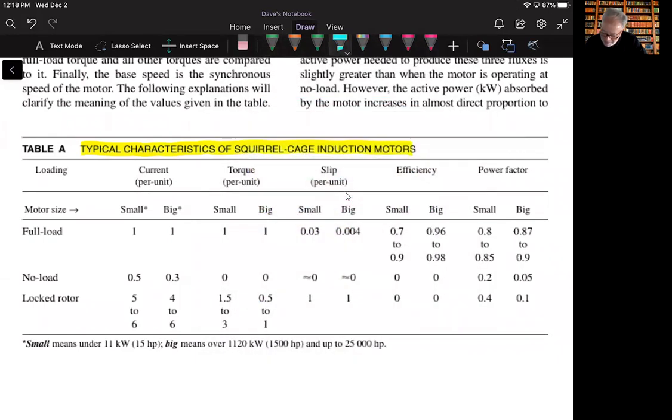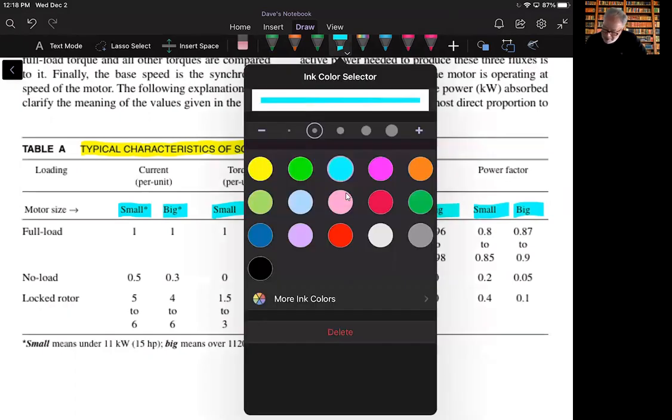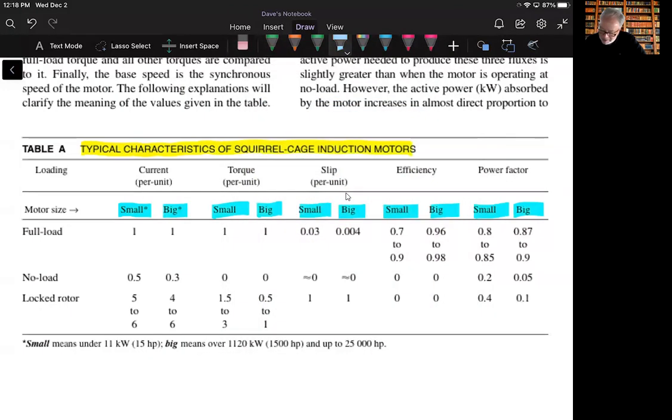We're looking at motor size, defined as small and big, and that continues across the chart: small, big, small, big, and so forth. In addition, along with the relationship to motor size, we're going to investigate the per unit current, per unit torque, per unit slip, the efficiency, and the power factor.